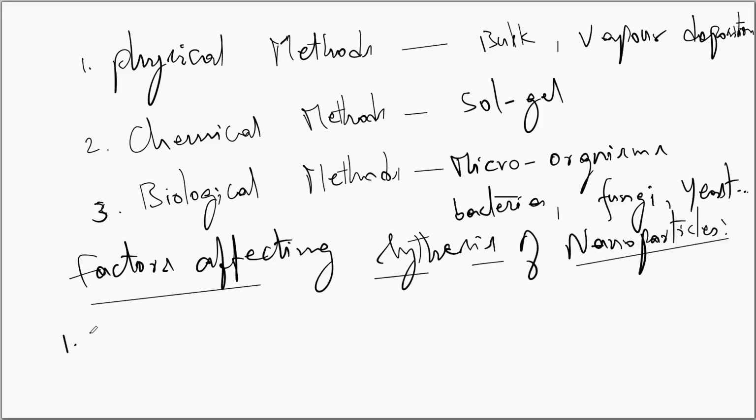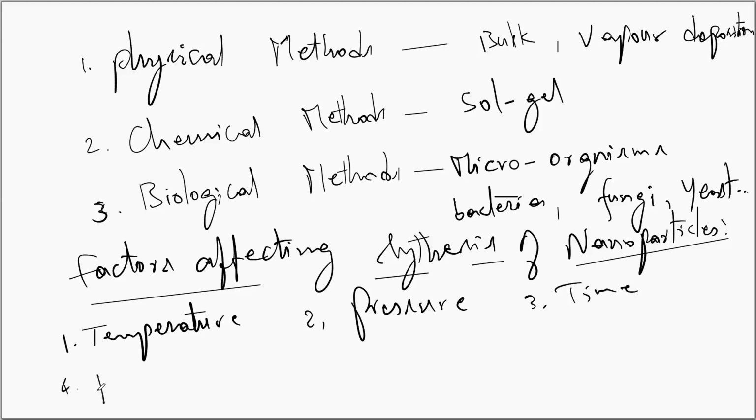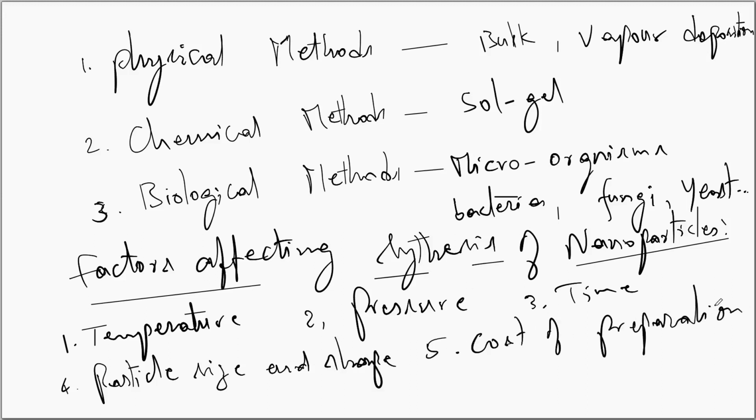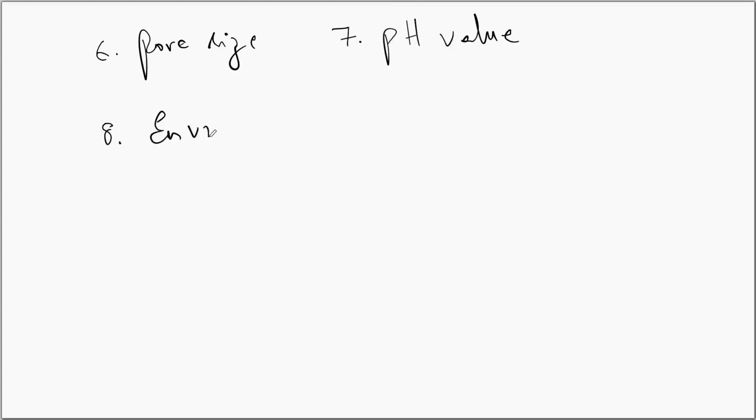The first one is temperature, second one is pressure, third one is time, fourth parameter is particle size and shape, fifth parameter is cost of preparation, the sixth parameter is pore size, the seventh parameter is the pH value, last and eighth parameter is environment. These are the 8 factors that influence the synthesis of nanoparticles.